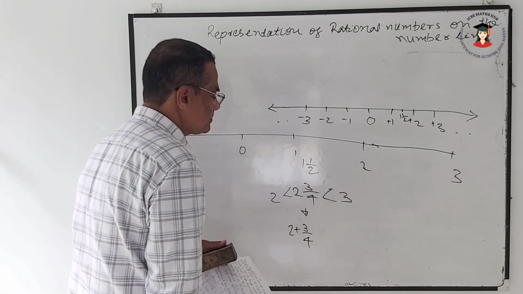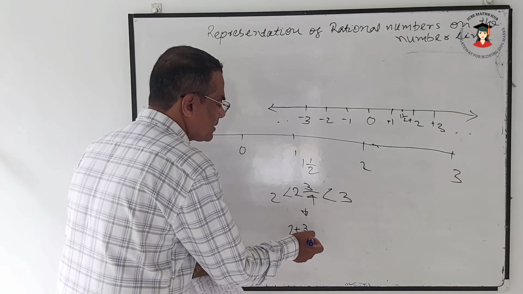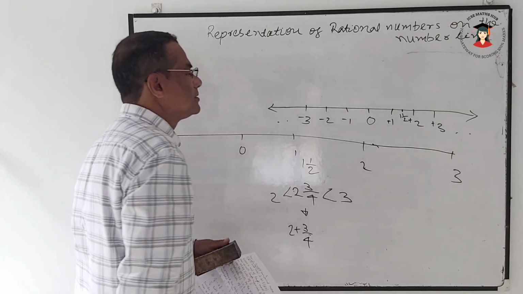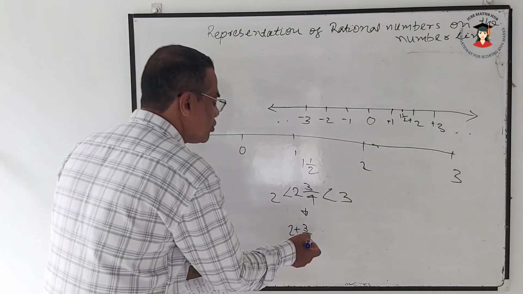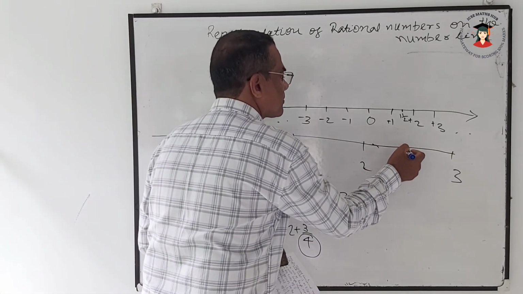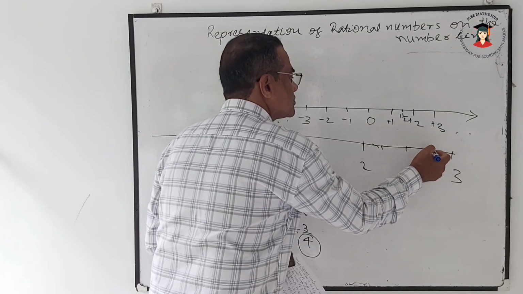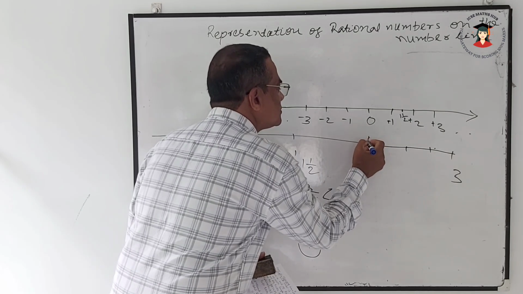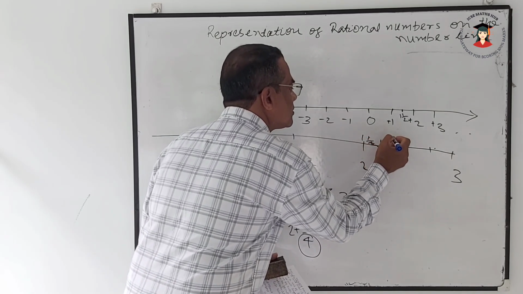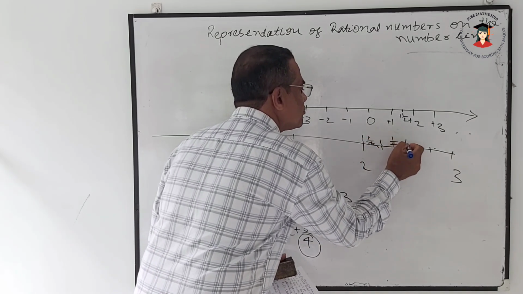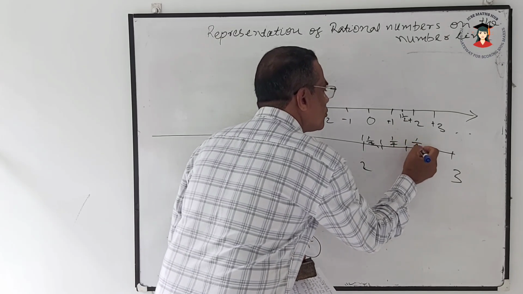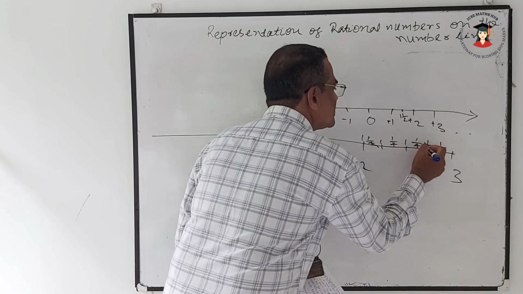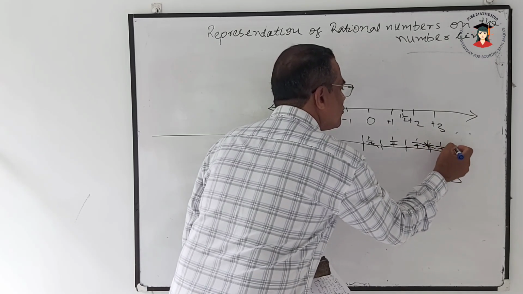And for 3/4, what I am going to do is divide this length between points 2 and 3 into 4 equal parts. What will be each equal part? Each part will be 1/4. All this distance will be 1/4.